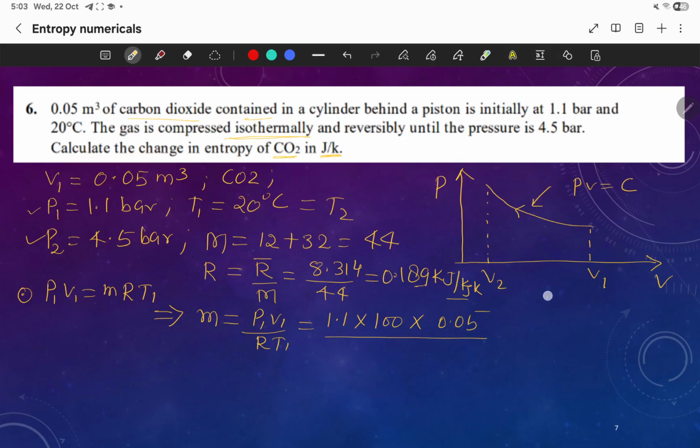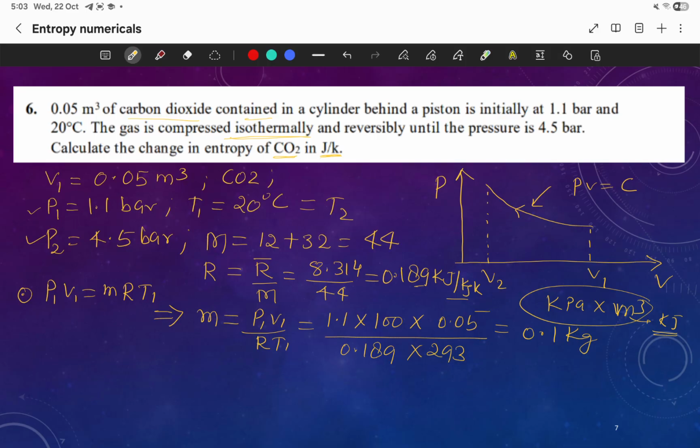So the funda is keep pressure in kilopascal and volume in meter cube. Okay, so whatever comes out from here will be in kilojoule. R value is 0.189, it is in kilojoule. Okay, and T1 is how much? 20 degrees Celsius, then it will be 293. Just solve this, we will get 0.1 kg.